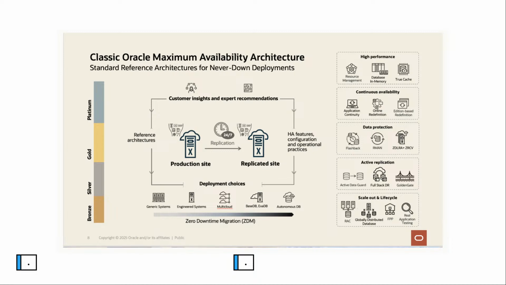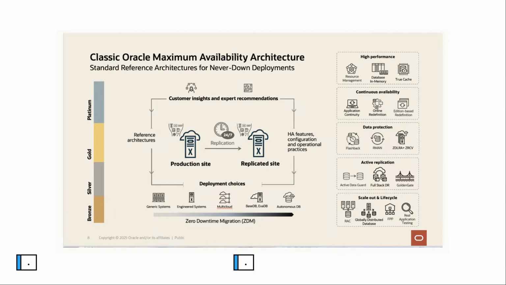And the good thing about the MAA framework is that it's applied to any kind of implementation. If you have your database implemented on-prem, in the cloud, or use a hybrid implementation, or even if you use multicloud, that doesn't matter. MAA will work the same way. You can also be using engineered systems or generic hardware on-prem.